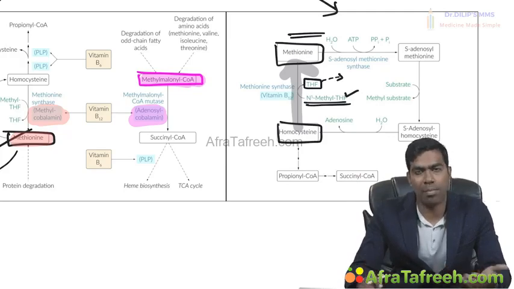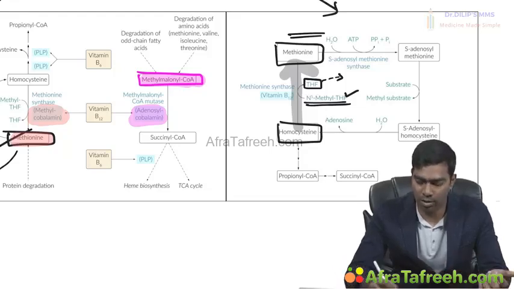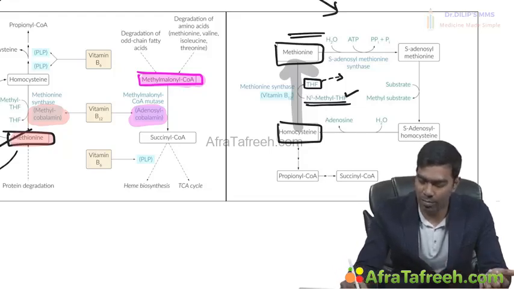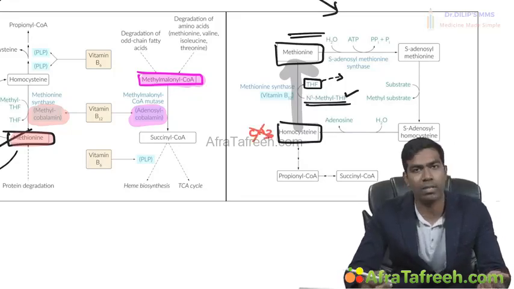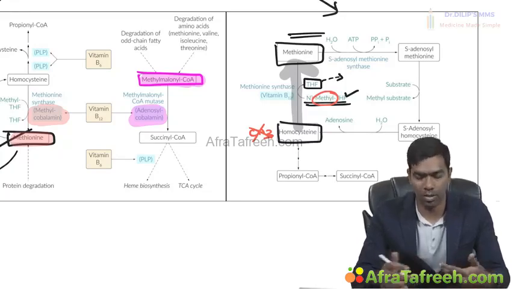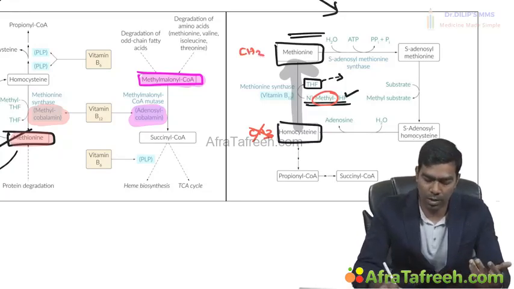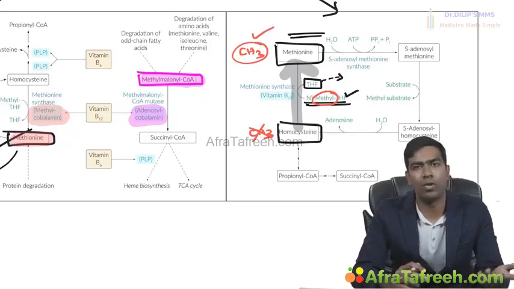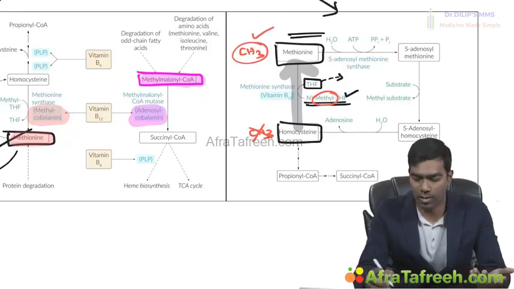But this N-methylfolate conversion to tetrahydrofolate is very important because there is a transfer of a methyl group. Homocysteine does not have a methyl group, so the methyl group from THF is transferred to the homocysteine molecule, forming methionine. So this methionine has an additional methyl group, and that is what is important.